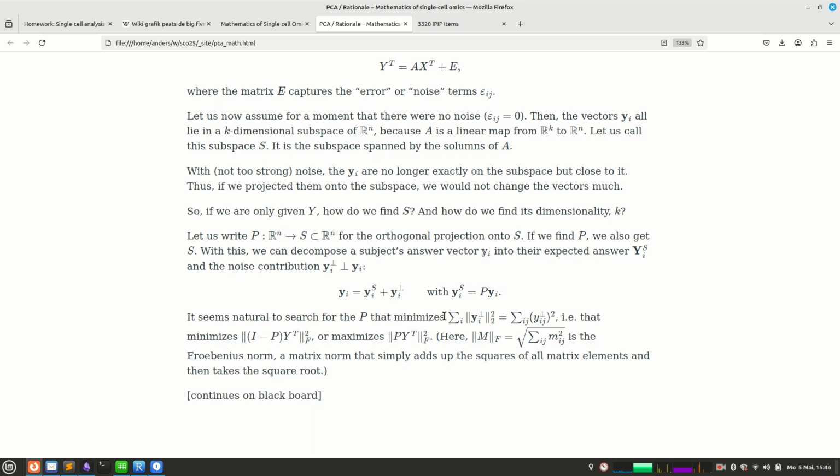P_S^T Y^T Y P_S. Now, as you can see, this construction is a quadratic form. We have some quadratic form given by this matrix, and you remember how quadratic forms work.